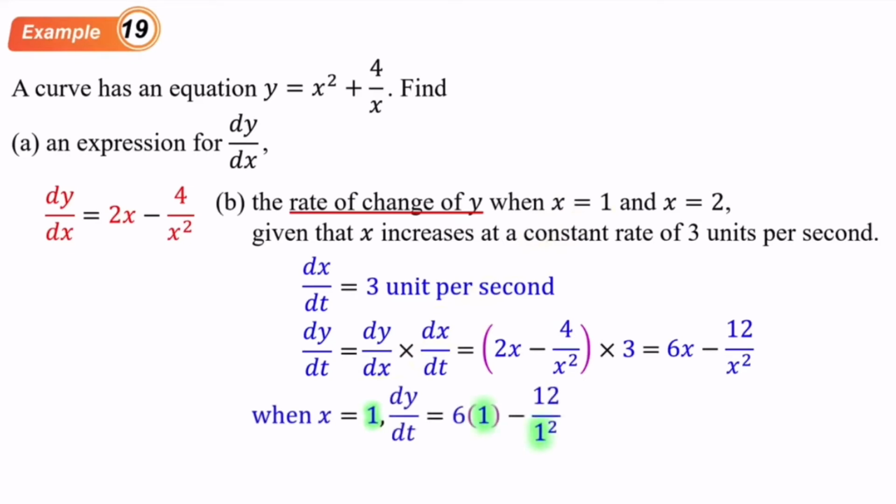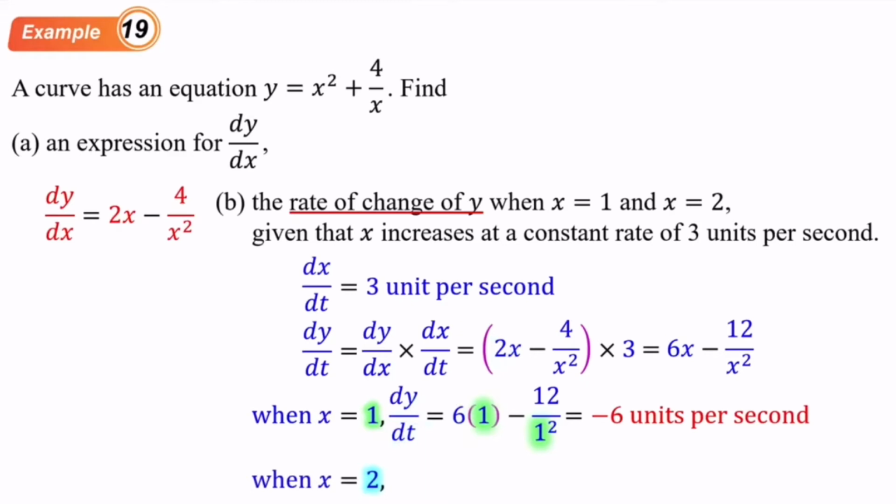So if x equal to 1, we will substitute 2 times 1 minus 4 over 1. So we will get 2 minus 4, which is negative 2. Negative 2 will times with the 3, right? So you will get negative 6 units per second. So when x is equal to 2, dy/dx will be 2 times 2, 4, minus 4 over 2 squared.